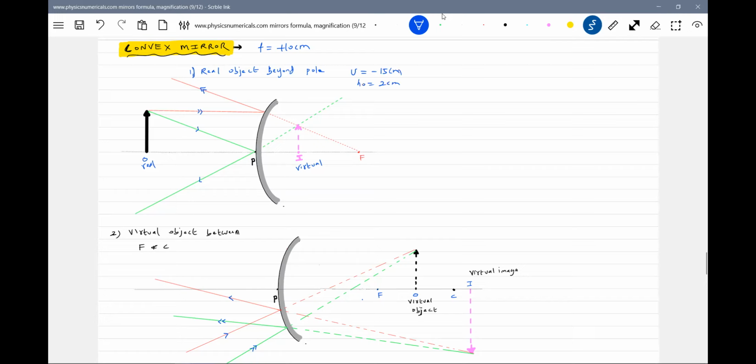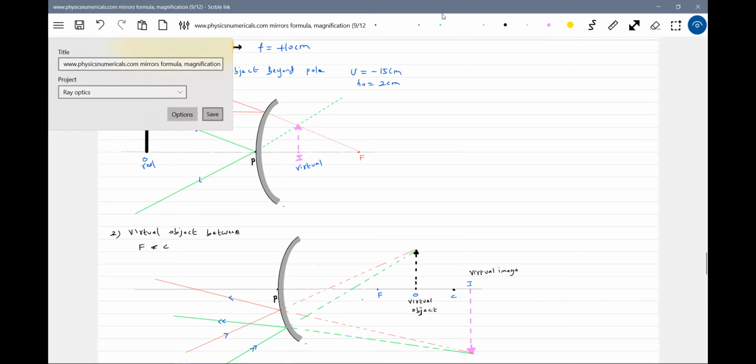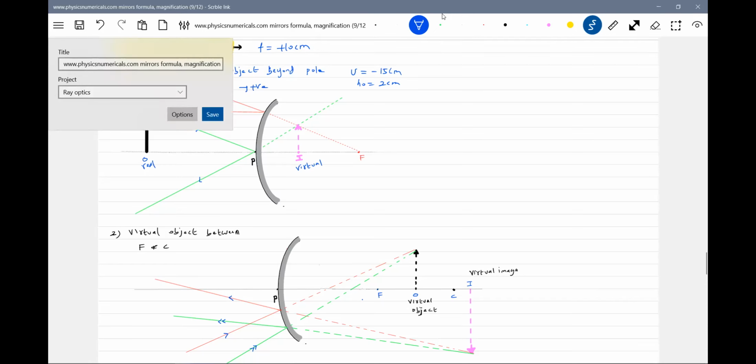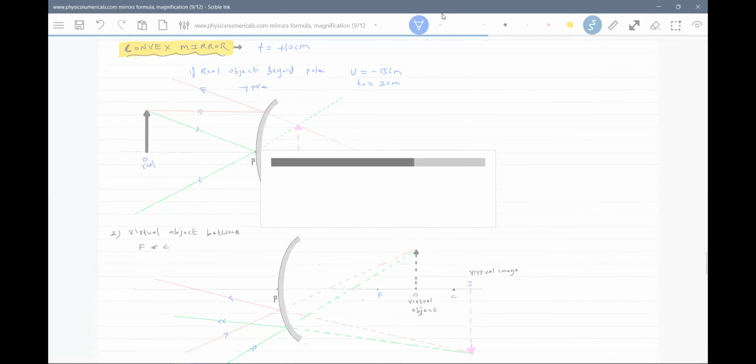Height of the object, 2 centimeters. There's a real object I kept here. Then what is the direction of the incident ray? The direction of the incident ray should be towards positive. These are the directions of incident rays.